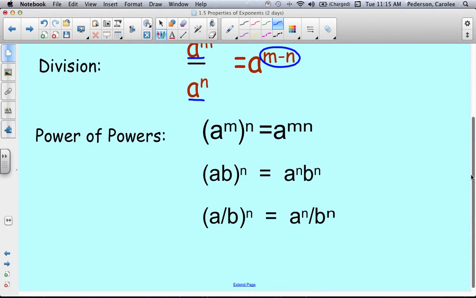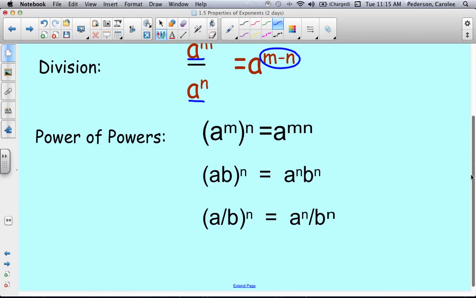The next three properties are very similar. These are called power of power rules. So if I have an exponential term raised to the power of m and then raised to the power of n, what you do to combine it into one exponential is you multiply m and n together.